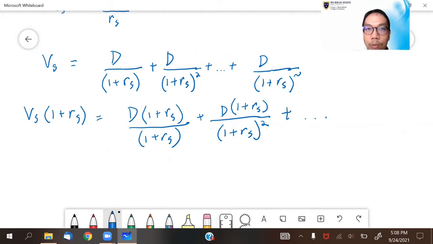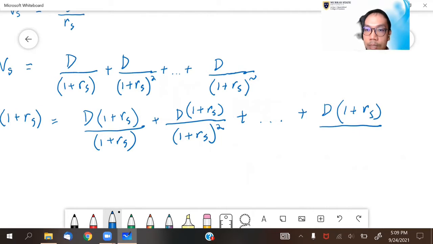And what would be the last one? The last one would be the constant dividend, 1 plus required return by stockholders divided by 1 plus required return to the power of infinity.